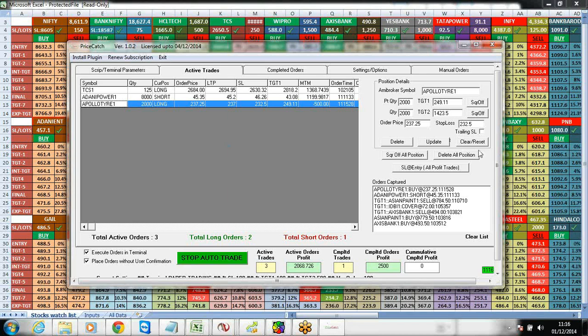So Apollo Tires, I'll give you the target for Apollo Tires. I told you Apollo Tires, we had a buy call, we made profit, and this is the second call. Again from the same trade itself, the same buy call. Here it might be showing 1500 loss, but just wait for some time. You'll definitely make some good profit in this.